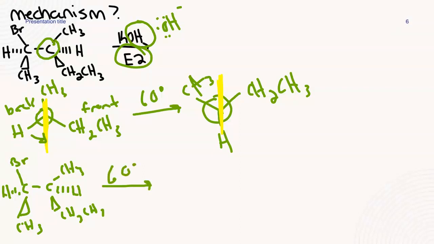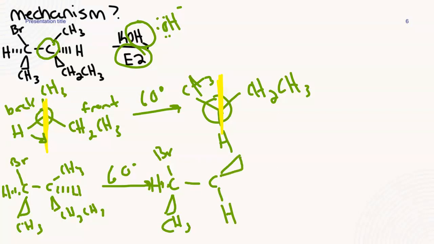Rotated 60 degrees. So this carbon had no change. But this one, now I have hydrogen down in the plane. Okay, my ethyl group was in the front, just shifted up in the front, but it's still in the front.